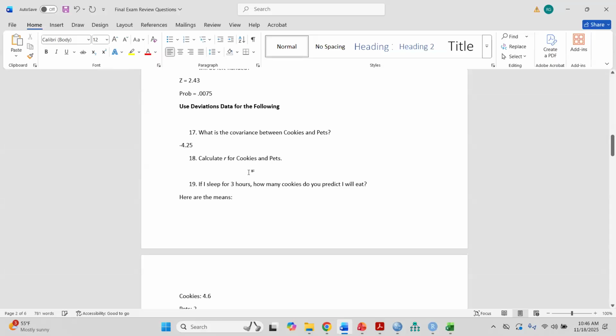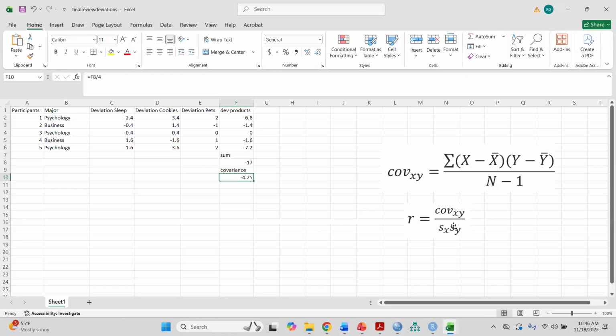Now it's saying, okay, calculate the correlation coefficient, R. All right, so right here, we've got R. We need to take that covariance and divide it by the product of the standard deviations, the standard deviation for cookies times the standard deviation for pets. Well, how are we going to get standard deviation? Because these are not raw scores. I can't just do the function for standard deviation.